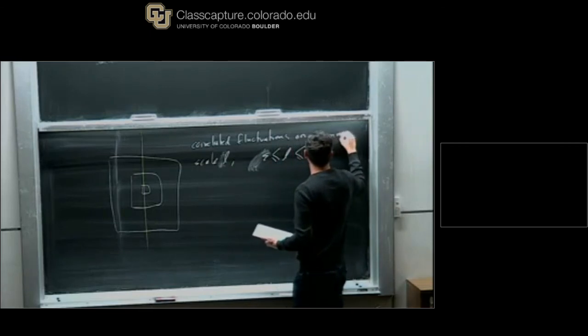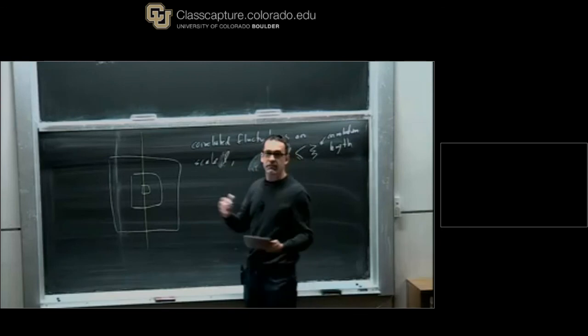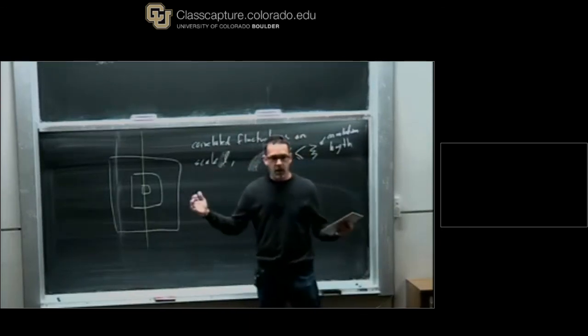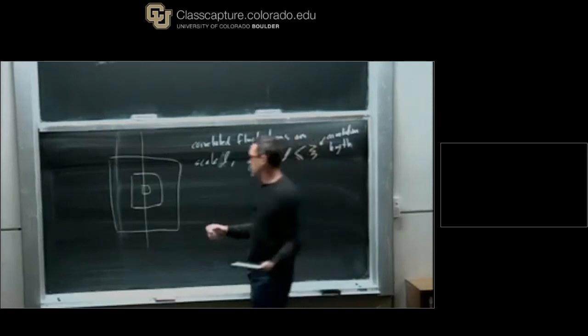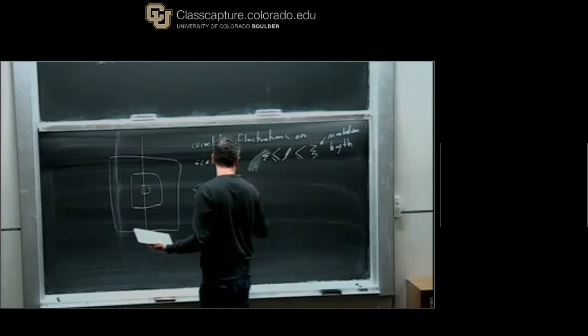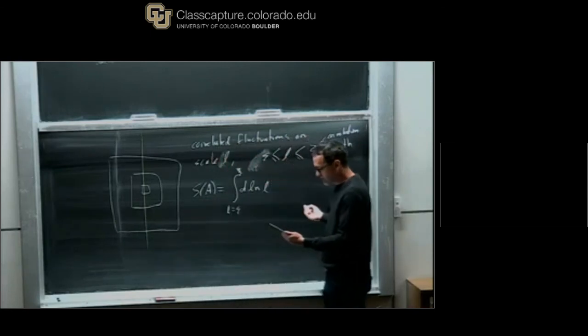At the correlation length, they stop fluctuating together. And I want to claim that basically on each logarithmic scale, for each value of log L, there's some contribution to the entropy. So I want to do something like this: integral d log L from L equals epsilon up to xi of some contribution.